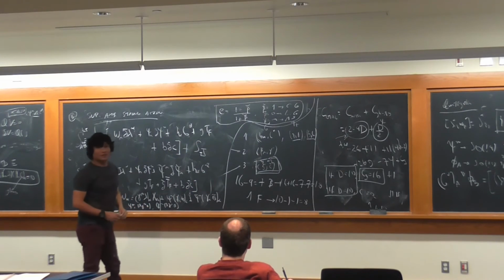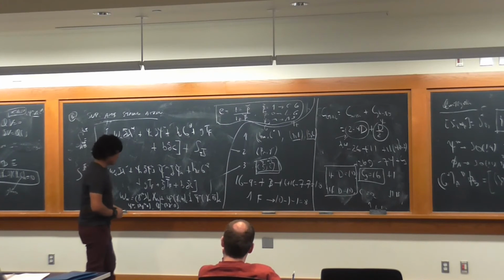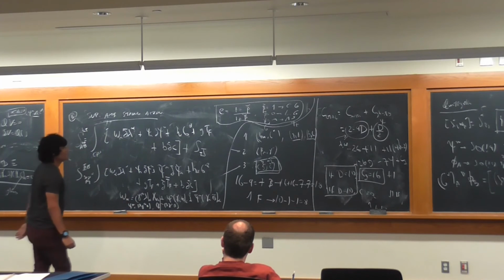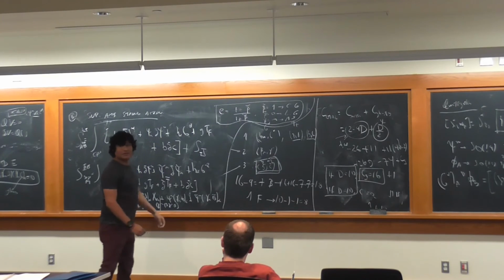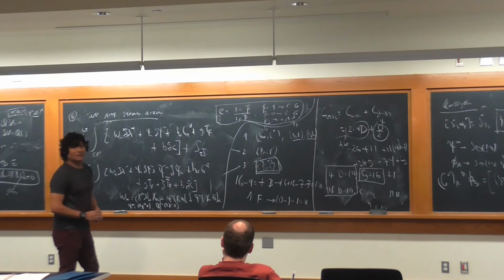You can get there, but you're not honestly allowed to gauge fix to that. It takes a singular gauge transformation to get there, which you're not allowed to do. Because originally E is assumed to be some positive number.